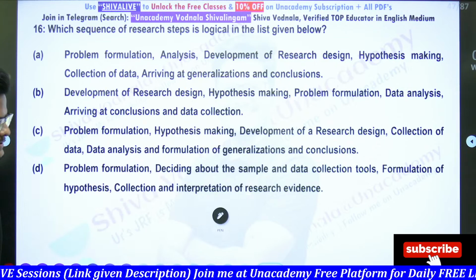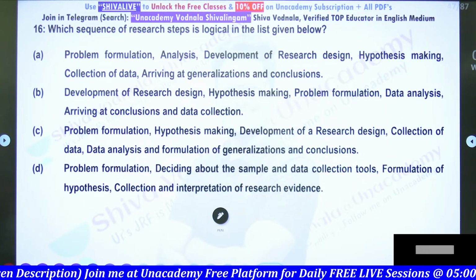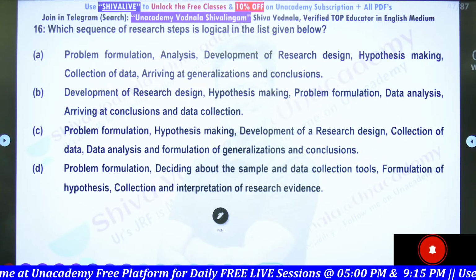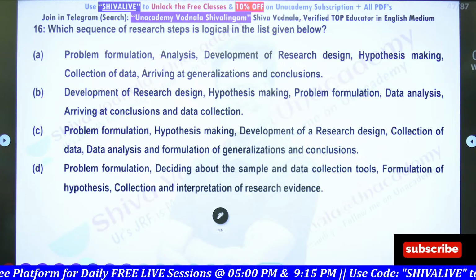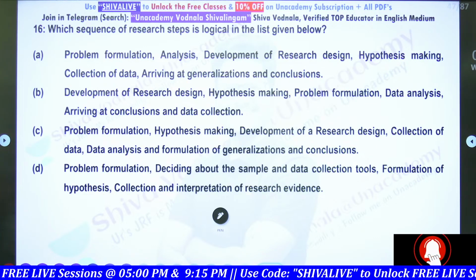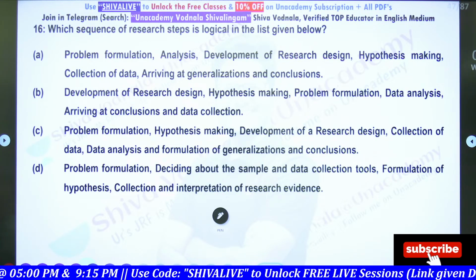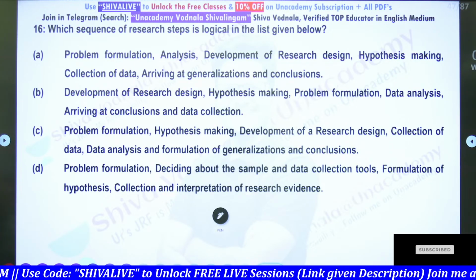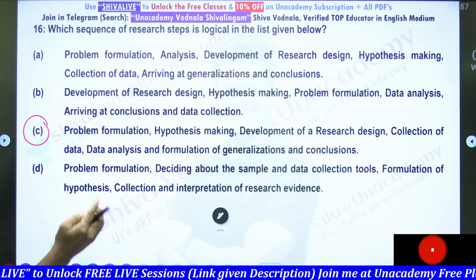From here also you need to identify the steps. So the answer will be C, because you can observe they are simply asking logical steps.